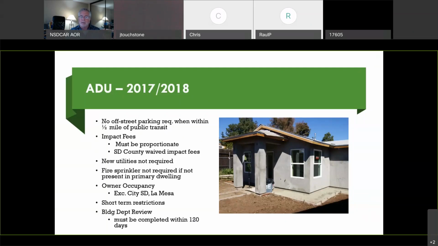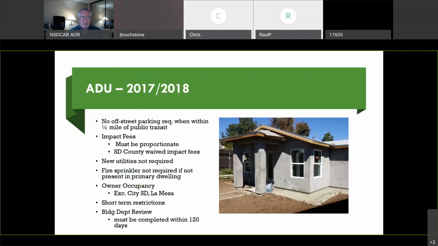So that was a big stimulant. I mean, that's tens of thousands of dollars of savings right there. New utilities weren't required. So again, you start looking at that, and that's saving another tens of thousands of dollars of costs. Sprinkler systems weren't required if they weren't present in the primary dwelling. So if you look at these last three bullets, we're saving tens of thousands of dollars of overall cost for the project. So this really starts to look very, very attractive.